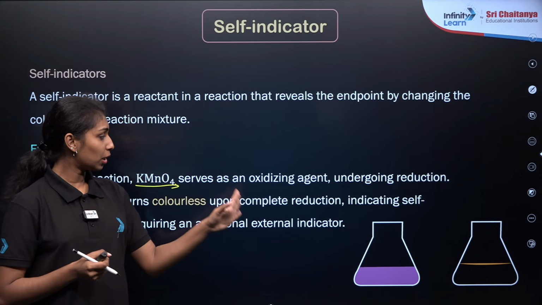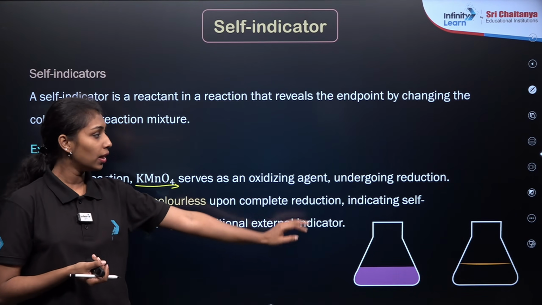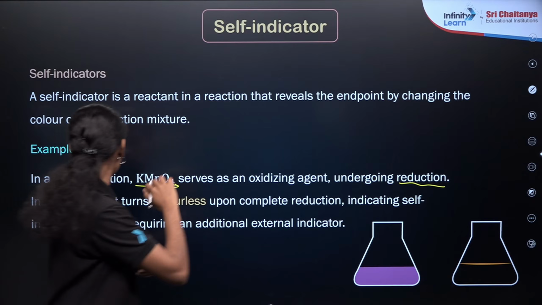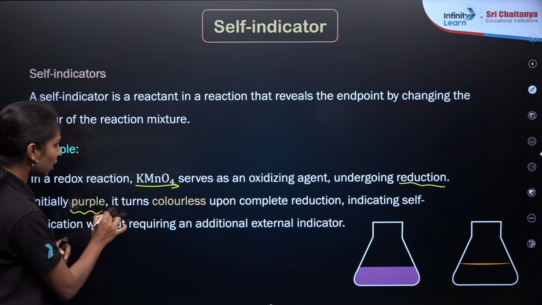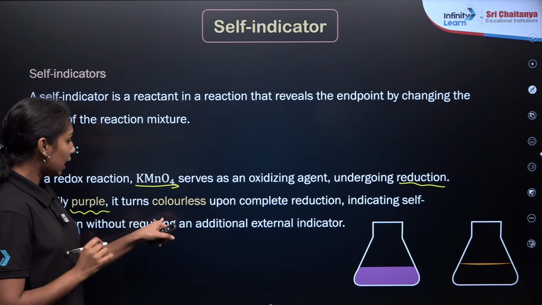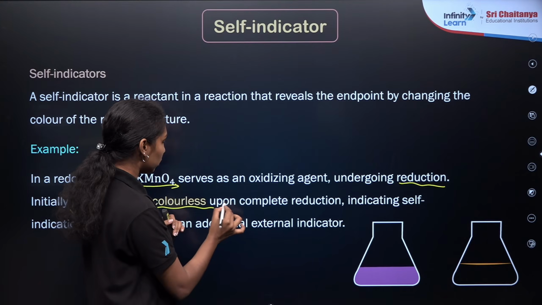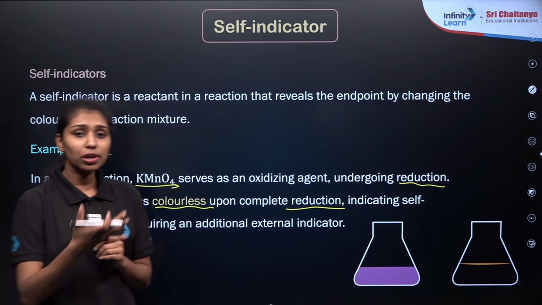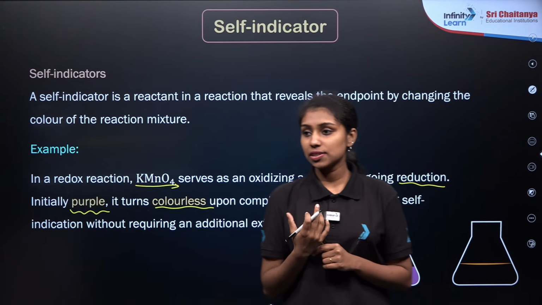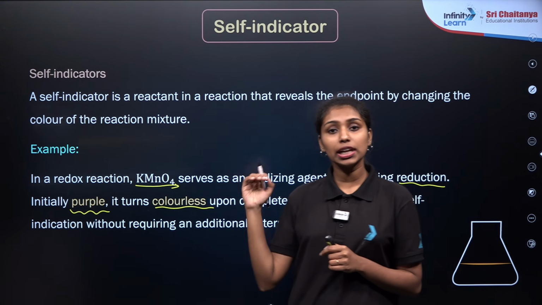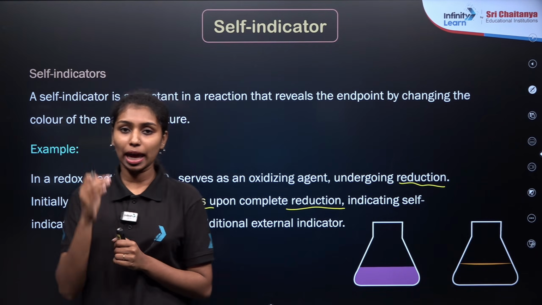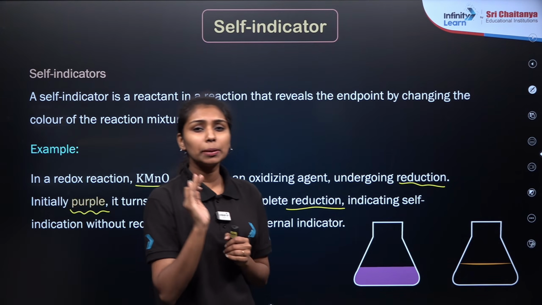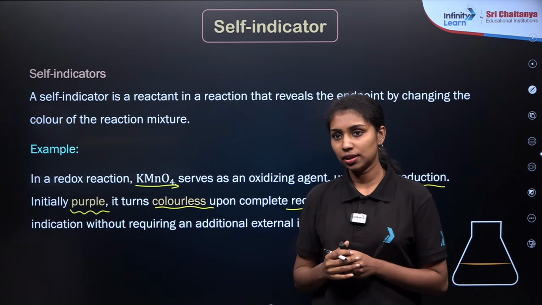We have already discussed in the first chapter what we mean by oxidizing agent. So it itself undergoes reduction with a color change: first it has a pink or purple color, and after reacting, it turns to a colorless solution upon complete reduction. So it is used as a self-indicator. If you are using any reaction with potassium permanganate, there is no need for any indicator, right? The KMnO4 itself acts as a self-indicator. It changes its color from purple or pink to colorless. Is that clear?